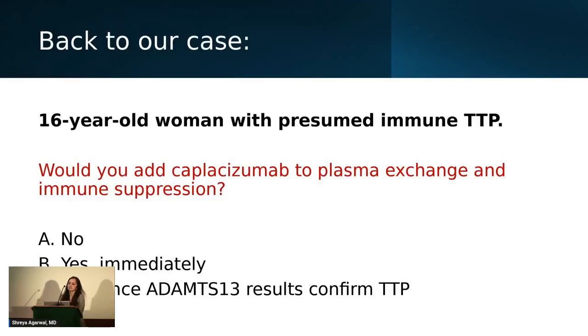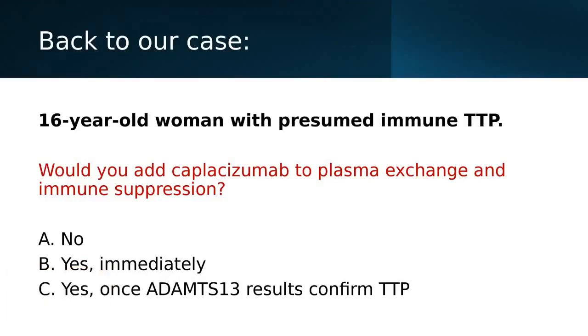So for this patient, who we know now has presumed immune TTP, we have started plasmapheresis at this point. Would you consider adding caplacizumab while we don't have ADAMTS13, we are just waiting for it?